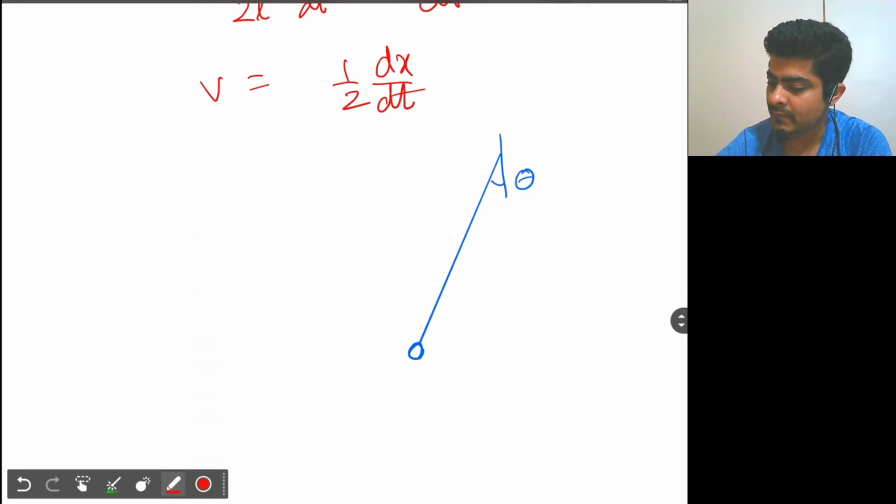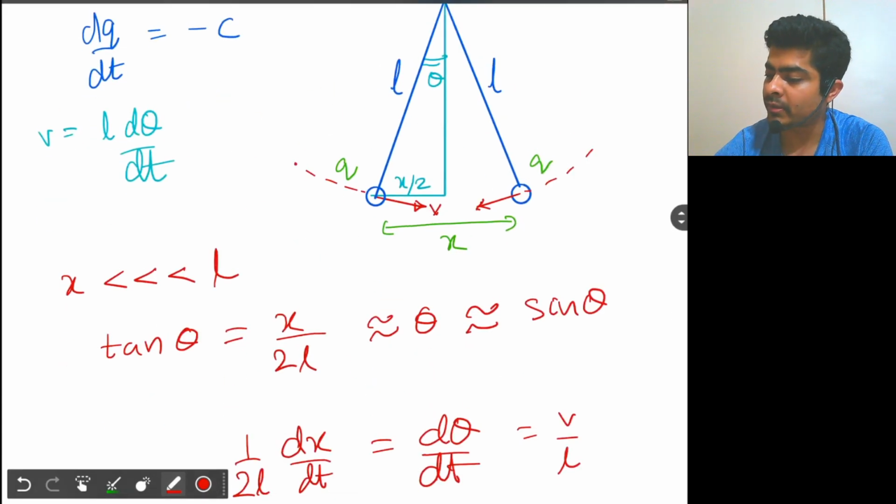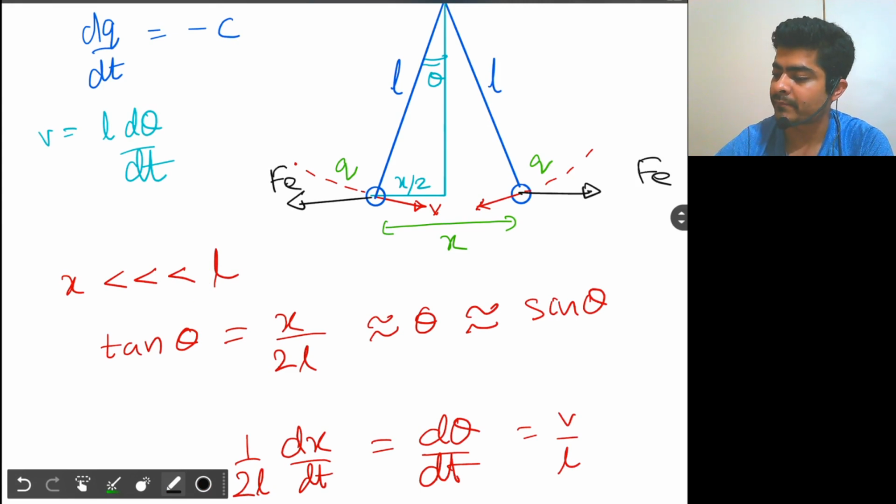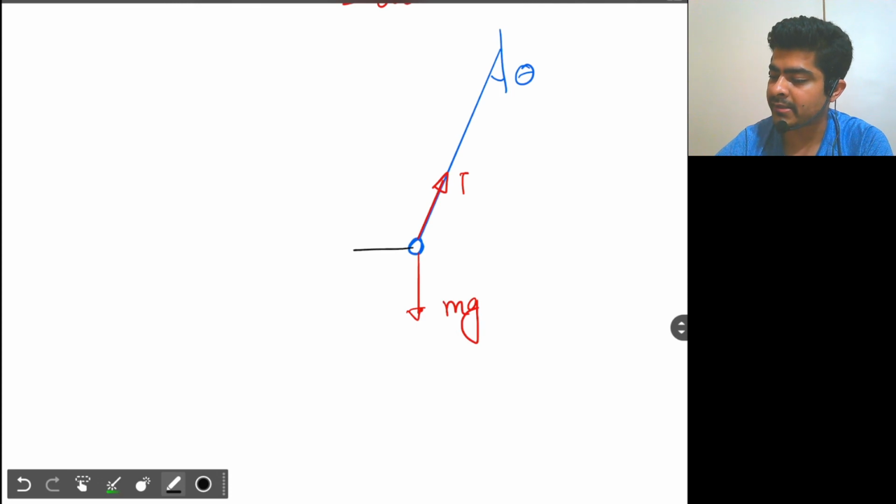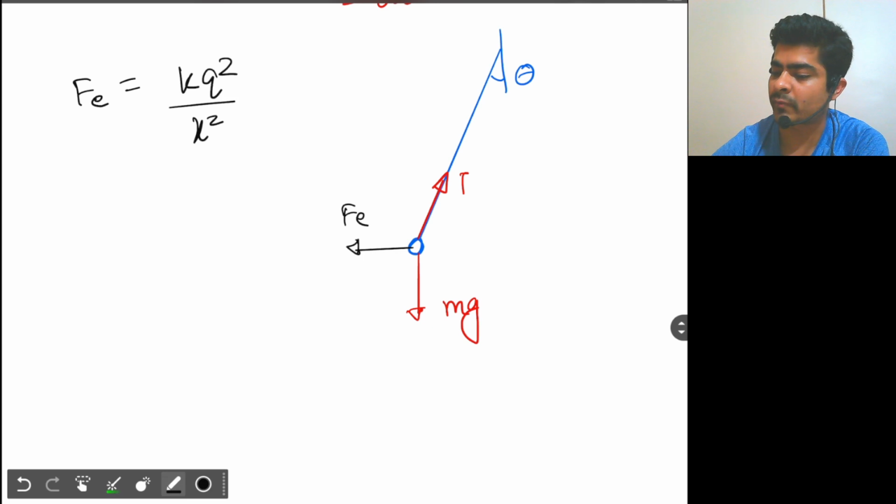Now, here we have tension T. Towards the vertically downward direction, we have mg, and the two spheres are repelling each other with electric force Fe, acting like this. Now, what is Fe equal to? Fe will be kq square by x square, where x is the distance between the two charges.